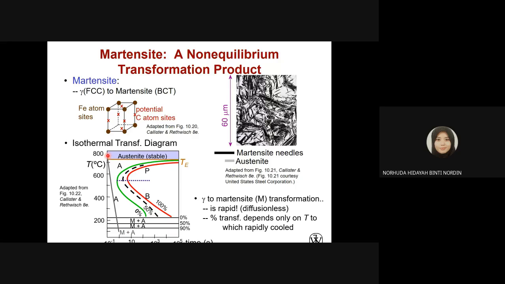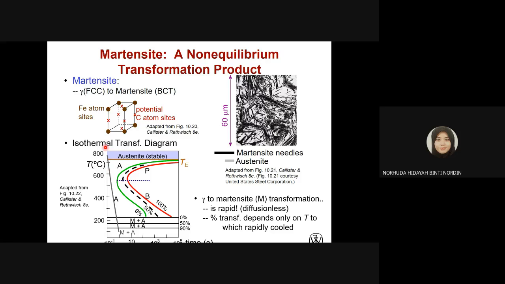If it says to cool your sample at 200 for 10 seconds, you cool it down to 200 and hold 10 seconds here, so it is in the region of martensite plus austenite.